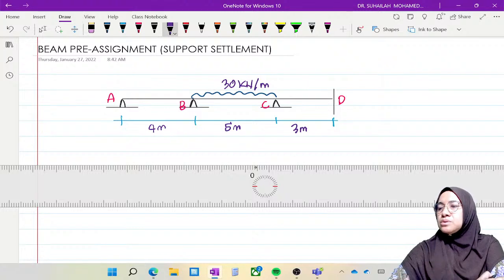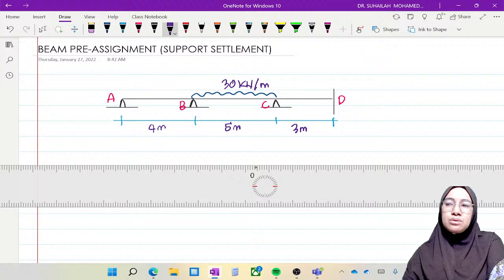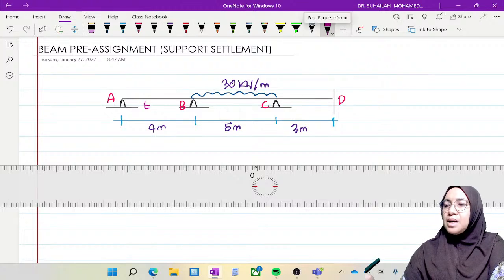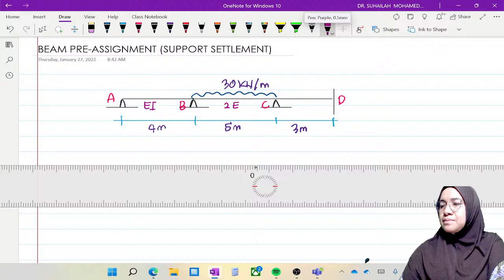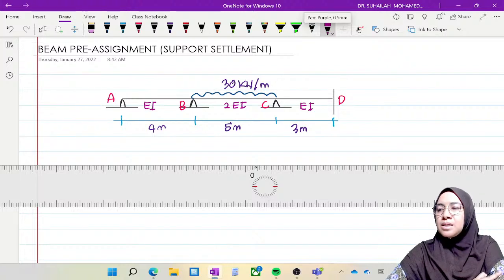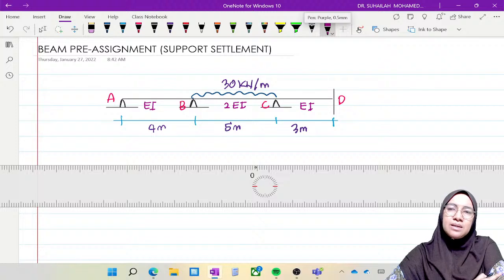Let's say EI is not constant. A to B is EI, B to C is 2 EI, and C to D is EI. So this is the question.